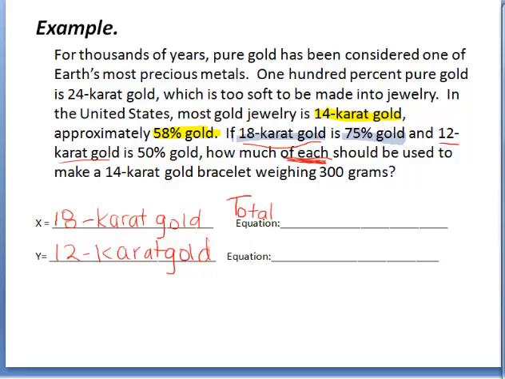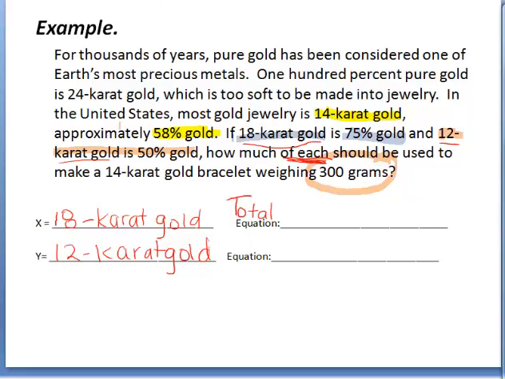And then I also have that 12 karat gold. Let me get my highlighter over here. 12 karat gold, it's hard to do, I can't see where my cursor is. 12 karat gold is 50% gold. How much of each should be used? My total weight of my bracelet is going to be 300 grams.